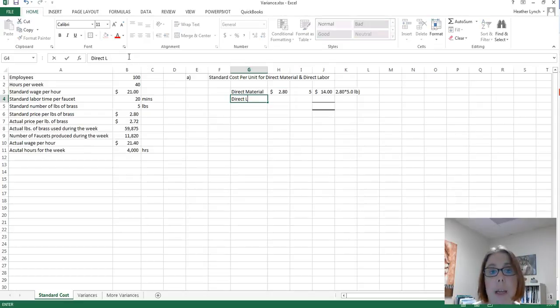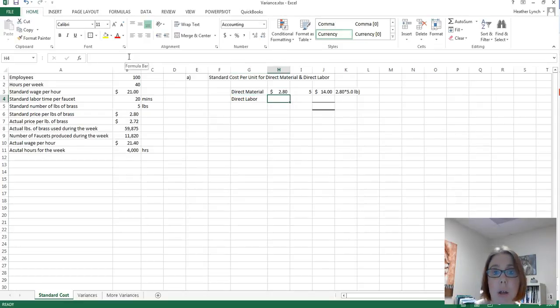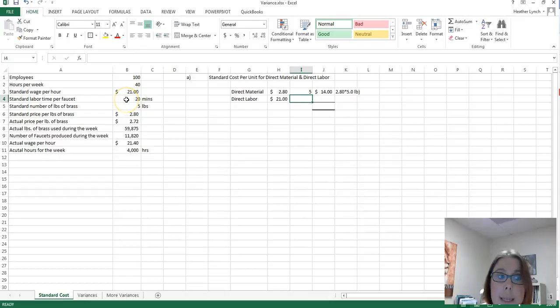If I want to find my direct labor standard, we had a standard wage of $21. Now, it says it takes 20 minutes, so I have to take that 20 minutes and divide it by 60 minutes.